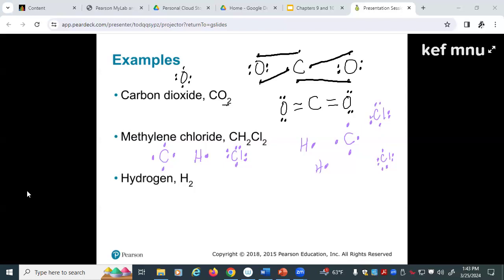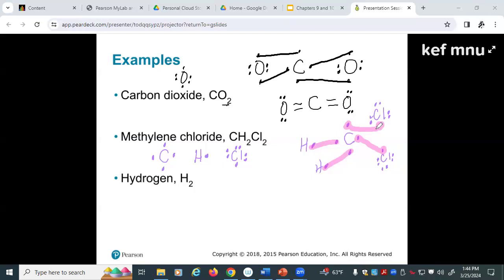And now all I want to do is just pair up unpaired dots. So this hydrogen dot's going to pair up with another dot. This hydrogen dot's going to pair up with another dot there. This chlorine dot's going to pair up with one of these carbon dots. This chlorine dot's going to pair up with one of these carbon dots. Every unpaired dot has been paired up with something.